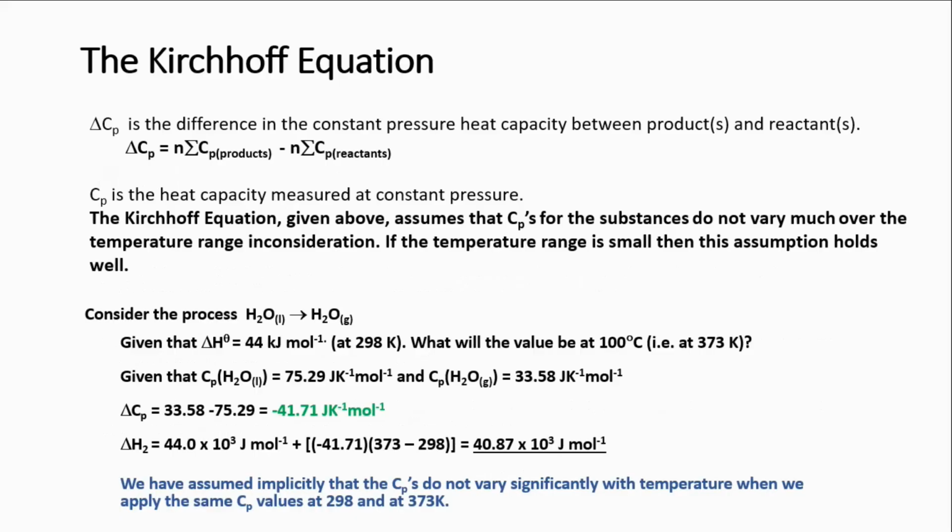Now, what is delta Cp? Delta Cp is the change in the constant pressure heat capacity for the compounds in the reaction, the reacting species and the product species, where delta Cp is equal to n, the stoichiometric coefficients, times the sum of the constant pressure heat capacity of the products, minus n times the sum of the constant pressure heat capacity of the reactants.